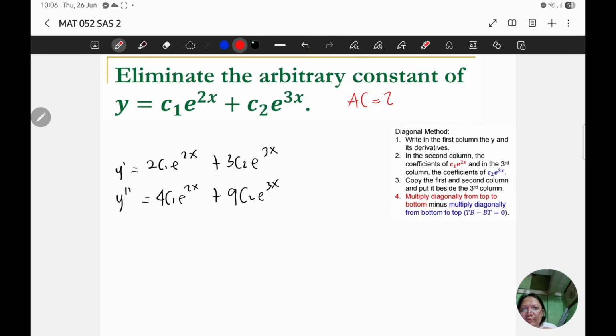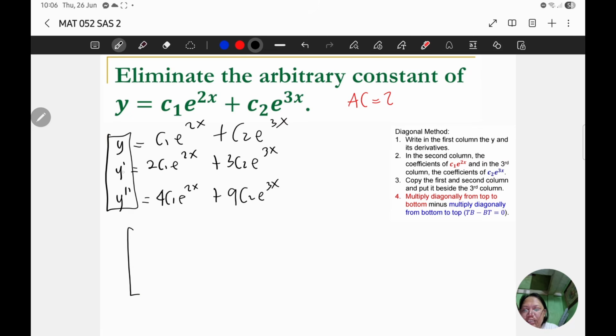Original equation is y equals c sub 1 e to the 2x plus c sub 2 e to the 3x. In the first column, we write all the y and its derivative. So, y prime, then y double prime. In the second column, we write the coefficients of the common factor. The common factor is c sub 1 e to the 2x.